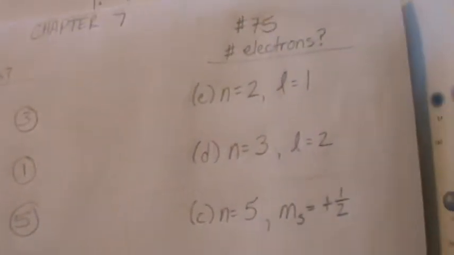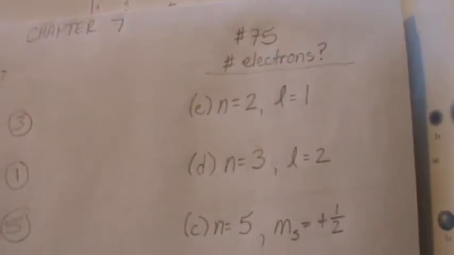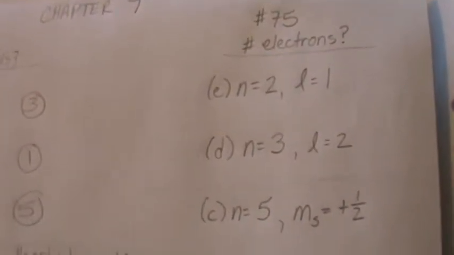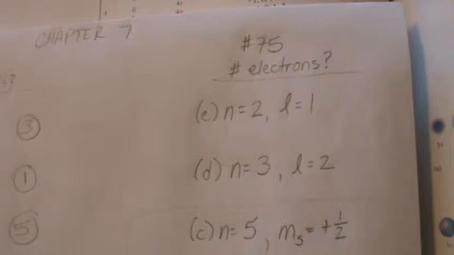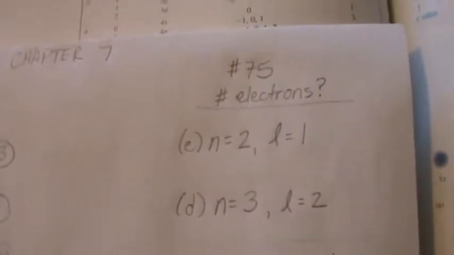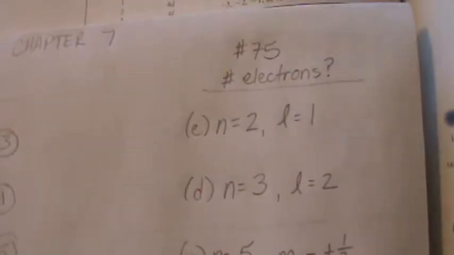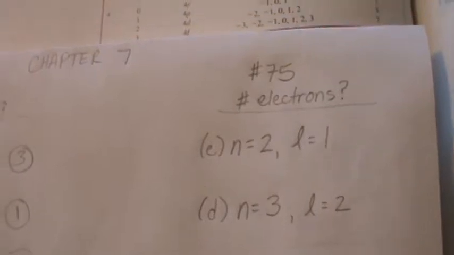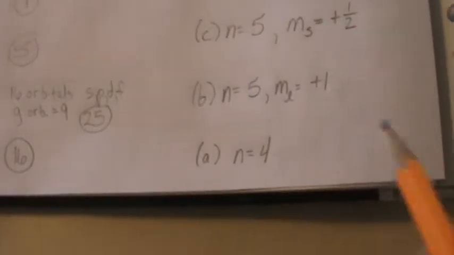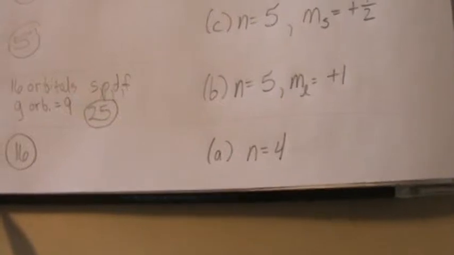Okay. Now if we just go over here to problem number 75, now they're asking for number of electrons. So basically each orbital can have 2 electrons in it. That's that spin quantum number, plus 1/2 and minus 1/2. So I've actually got these going up backwards because I want to deal with them as they correspond to the problems in number 73.